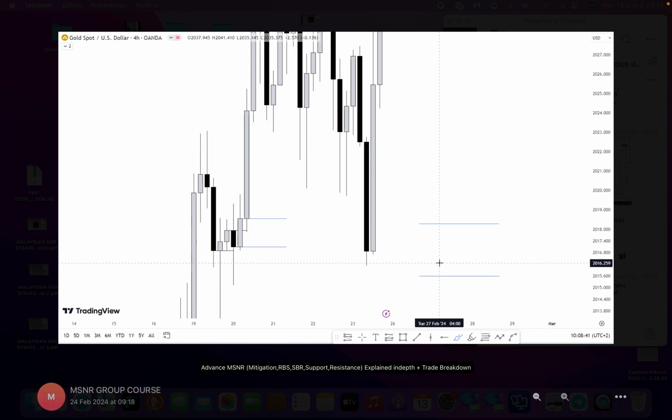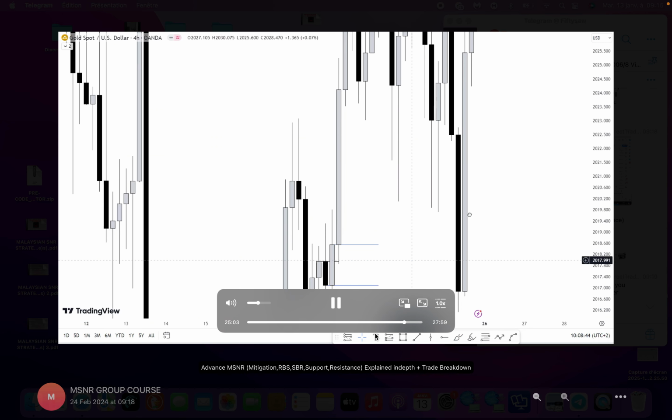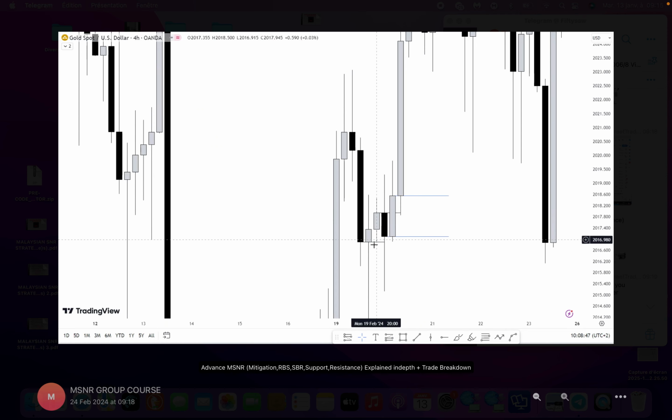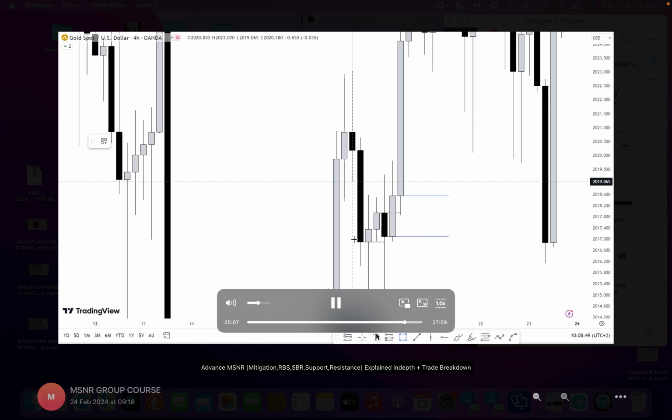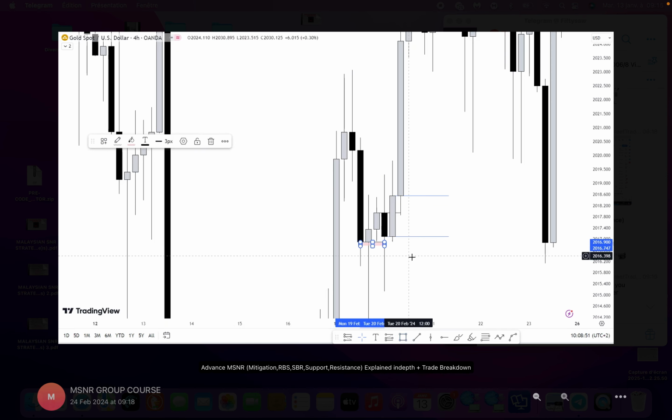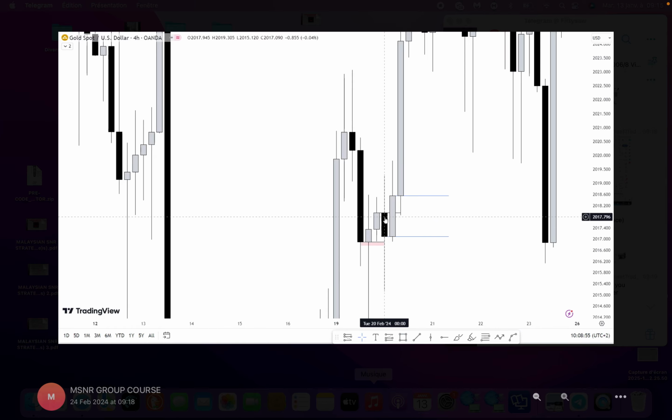Let me show you. We entered into this area of support, right? Sell and then buy. And then after we retested this area, we created a new area of support, right?